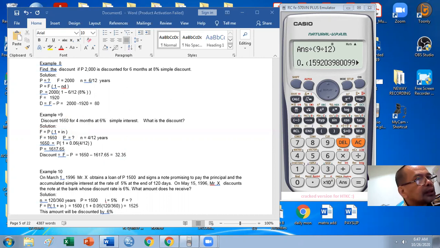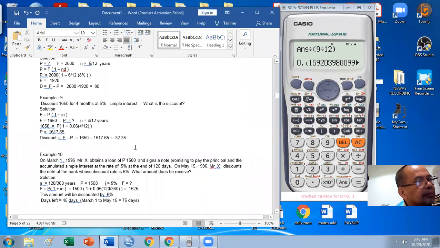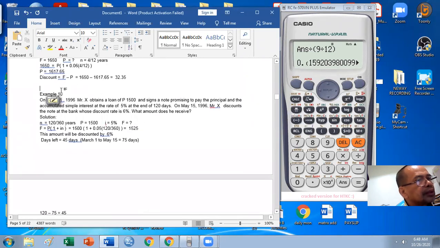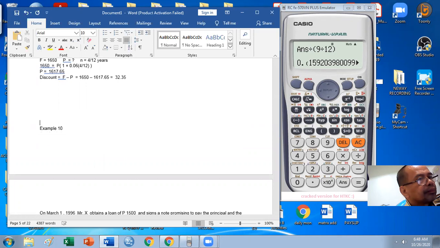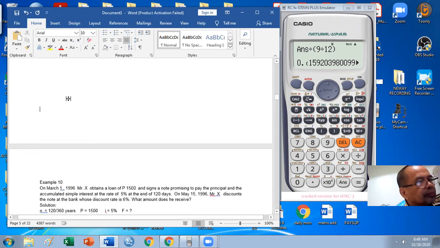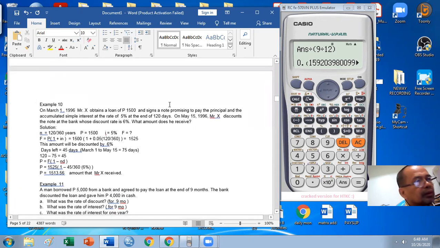Next is example 10. On March 1, 1996, Mr. X obtains a loan of 1500 and signs a note promising to pay the principal and the accumulated simple interest at the rate of 5% at the end of 120 days.